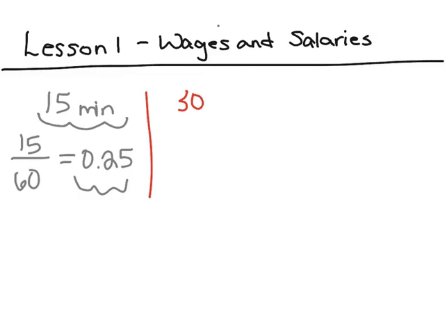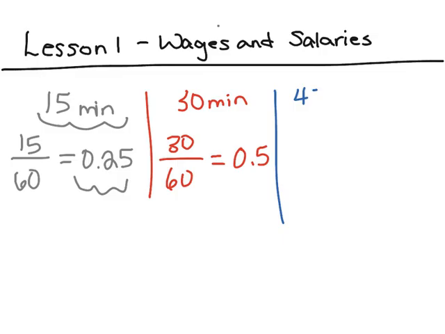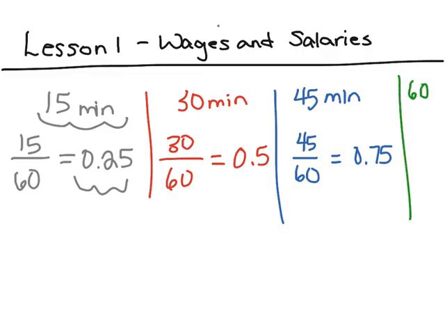If you wanted 30 minutes, half an hour, you go 30 over 60. And think, half an hour means a half, so 0.5. 45 minutes is the same as 45 out of 60. You divide that, you get 0.75. And 60 minutes is 60 over 60, which is 1.